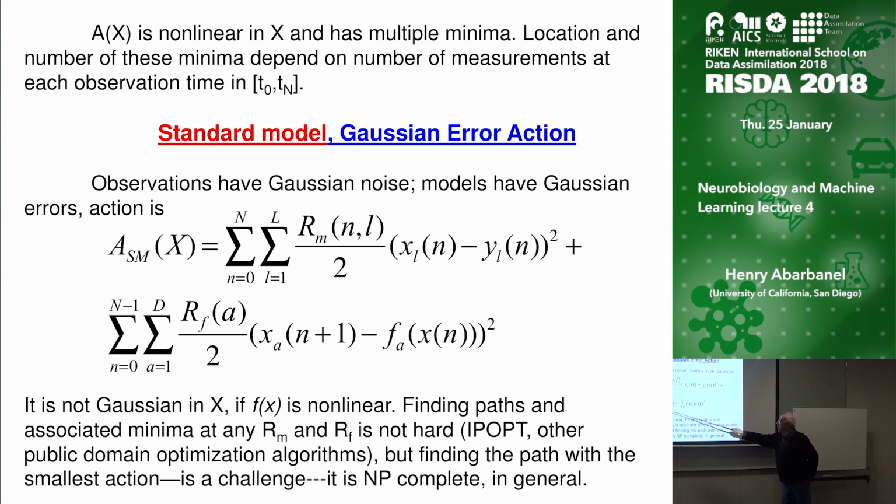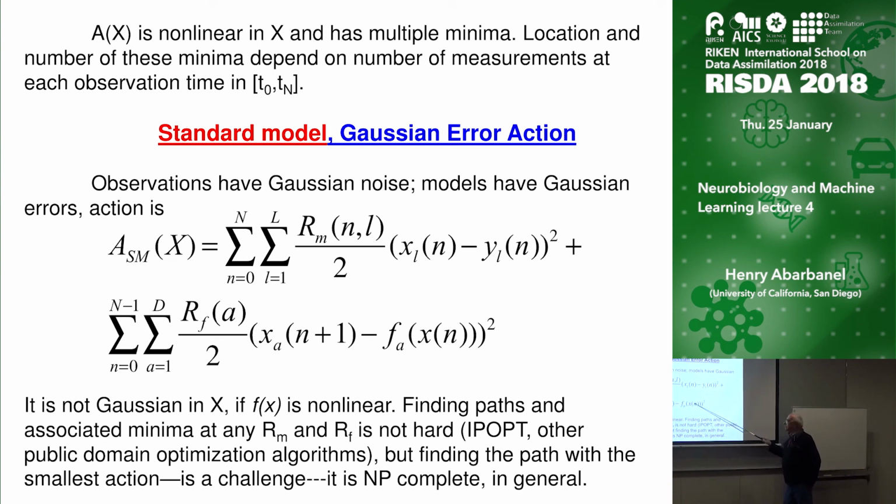And similarly, in the model, which I cast here in discrete time, I'll go to continuous time in a moment, the precision is called RF. It is a number that we introduced to represent errors in the model. If RF goes to infinity, the model is perfectly deterministic because the equation of motion is x_{n+1} equals f of x.